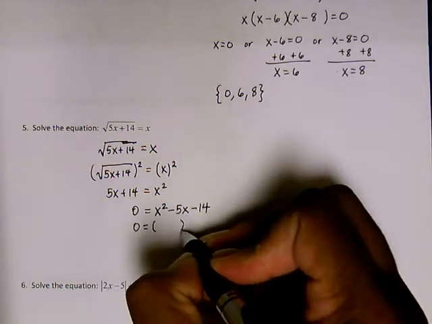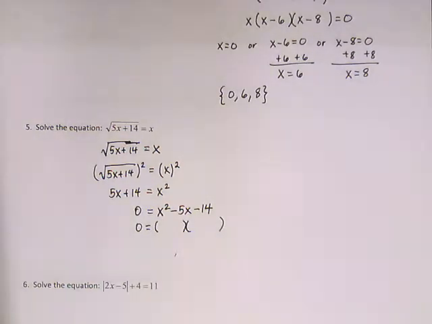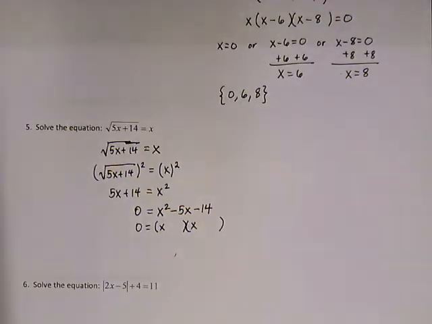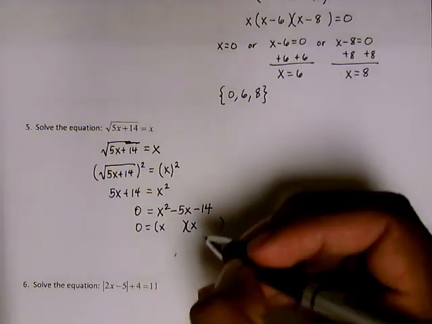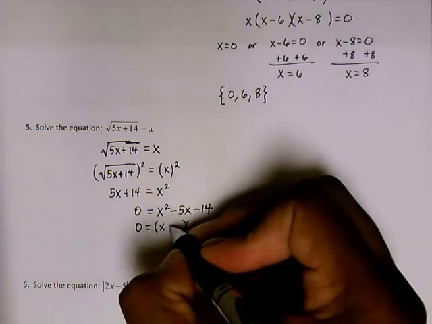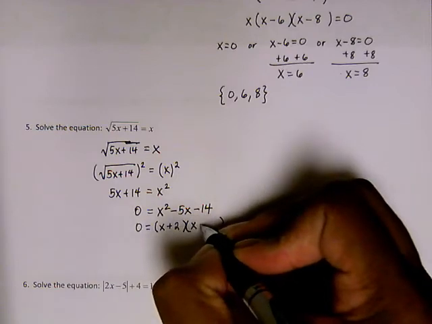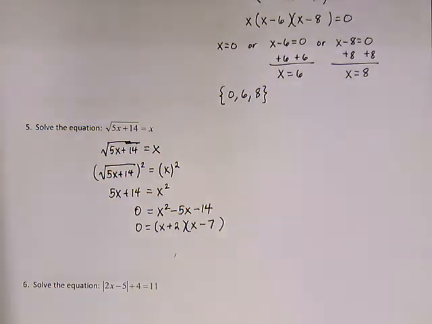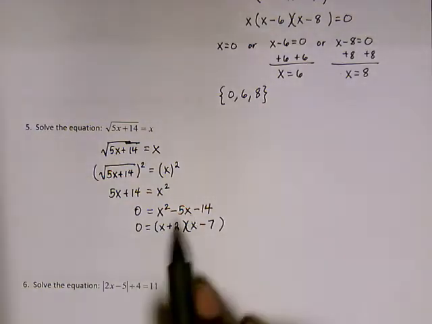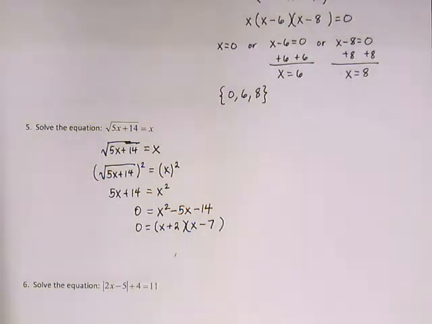Now let's factor that x squared minus 5x minus 14 into two binomials here. So the x squared would be x and x. Now the factors of negative 14 that would give me a negative 5x as a middle term would be plus 2 and minus 7, because 2x and a minus 7x will give me a minus 5x.